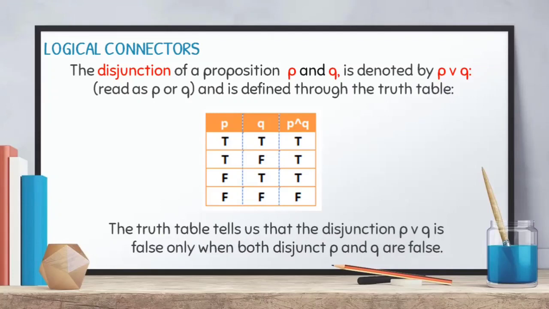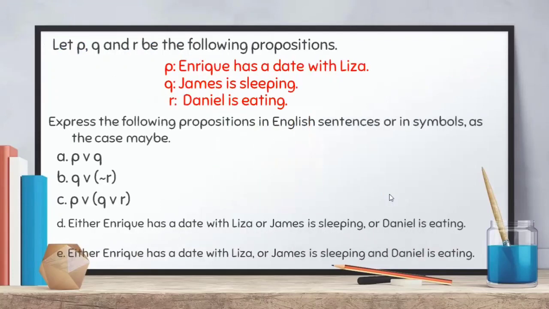The truth table tells us that the disjunction P or Q is false only when both disjuncts P and Q are false. Right? So if both P and Q are false, then it is always false. Right? So now let's have some examples.